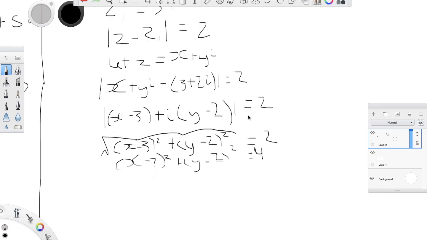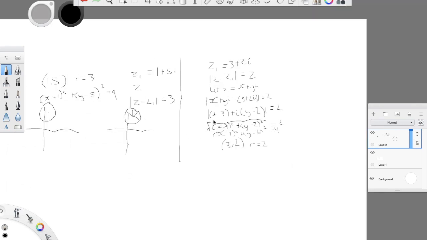What you'll notice is that this is also the equation of a circle, with center 3, 2 and radius squared of 4, so we take the square root of that: a radius of 2. So that is how you can get the locus of a circle using complex numbers.